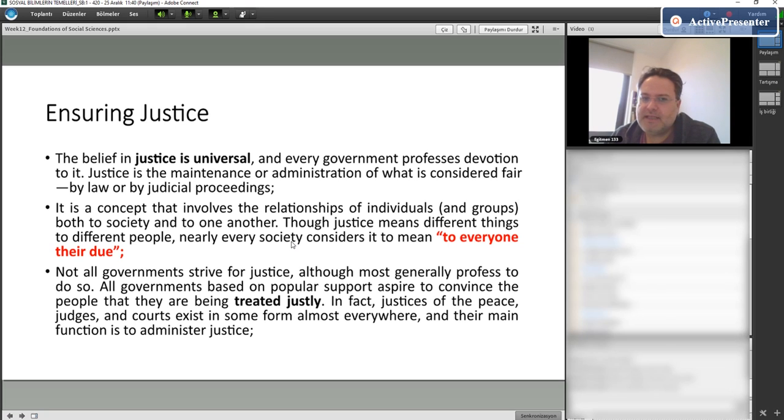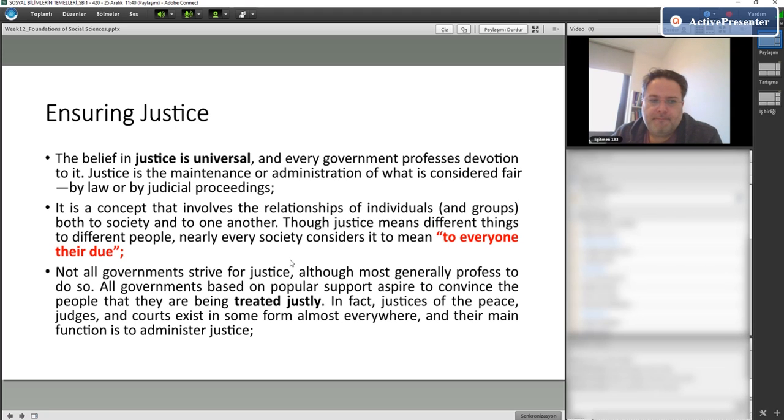And how do you maintain or administer justice? Every government has institutions established for judicial proceedings to protect the people. And this is a concept which is very, very important in political sciences. Equality, justice, freedom, these are very important concepts, and they need to be addressed, and they need to be ensured.